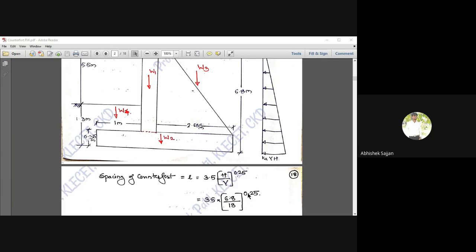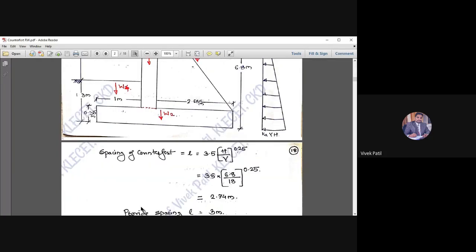That gives 2.74. Just check it out. Okay, so it is 2.74.